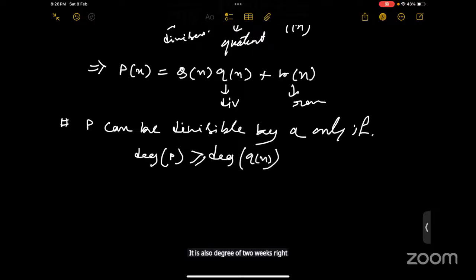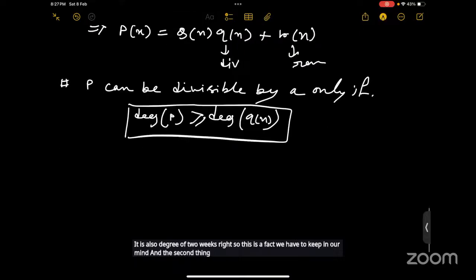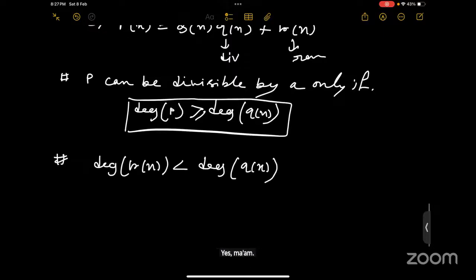So this is a fact we have to keep in our mind. And the second thing is the degree of the remainder. The degree of the remainder is always strictly less than the degree of the divisor, right? Yes, ma'am. Right. So these are two notes we have to keep in mind.